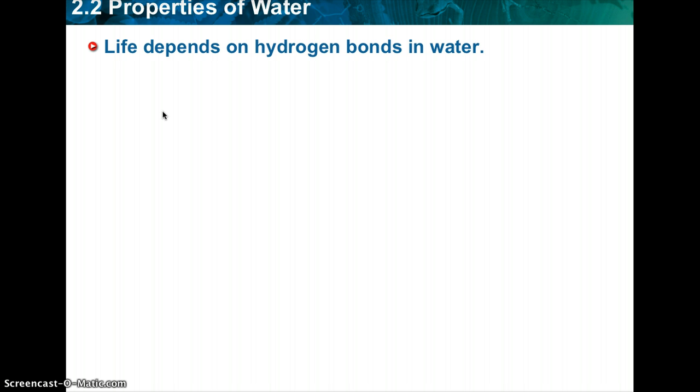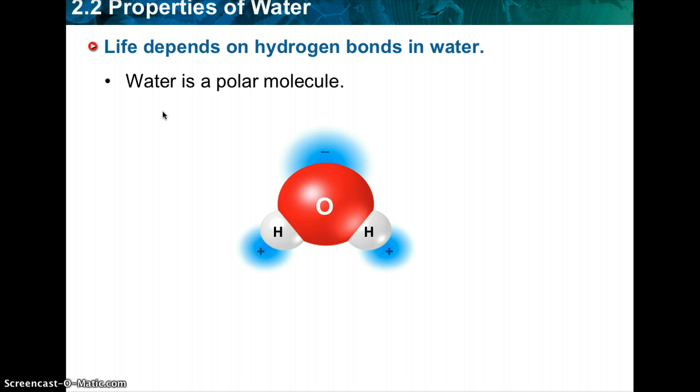So now we're going to talk about how life depends on a different type of bond called hydrogen bonds in water. Now these bonds are the weakest bonds that we're going to discuss. So here is a picture of that wonderful water molecule. And you're going to see that the polar molecules have a slightly charged region.